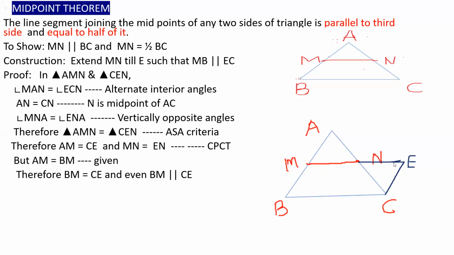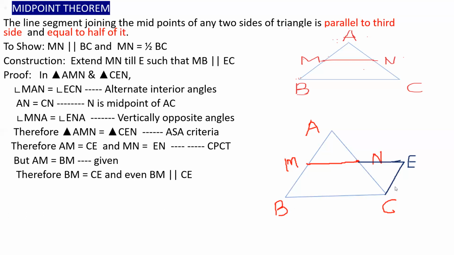Then BM is parallel to CE, as you have done in the construction. So you have shown that BM is parallel to CE and BM is equal to CE. Therefore, in a quadrilateral, if one pair of opposite sides is equal and parallel, then that figure becomes a parallelogram.